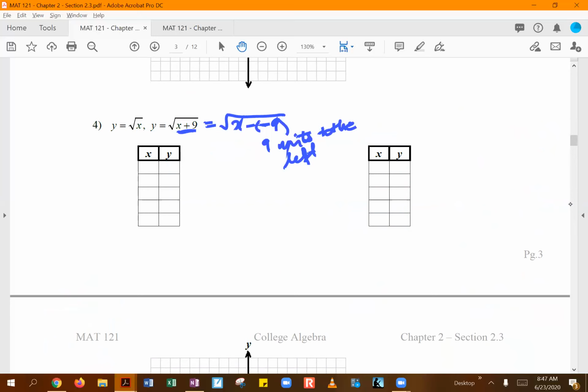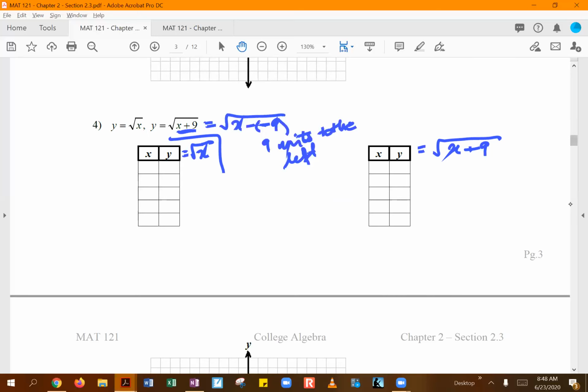So for the first one, we can go ahead and create this table for just the square root of x function. And then for the second one, we can create the table for the square root of x plus 9 function. So remember again, as we saw in section 2.2, that since this is a square root function, you are going to have restrictions because square roots cannot have negatives inside of them.